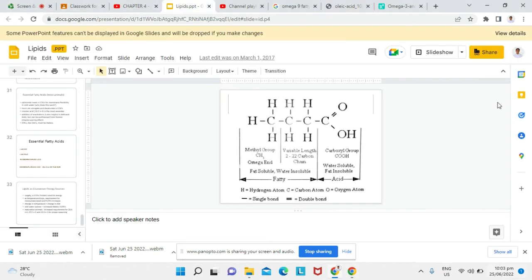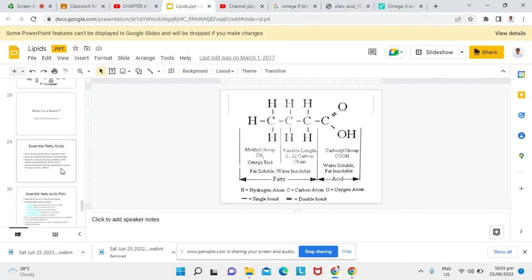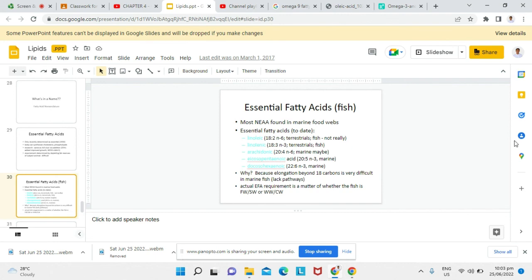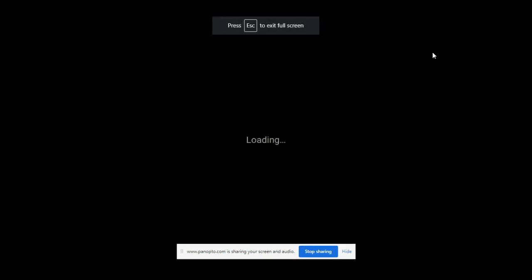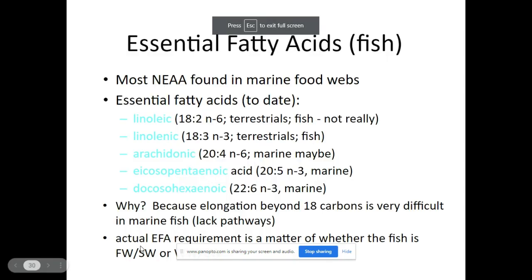Sige, balik ta dito, no? Linoleic and alpha-linolenic are the two essential fatty acids. While arachidonic, eicosa, and docosa, although they are nutritionally relevant, but they are not essential.